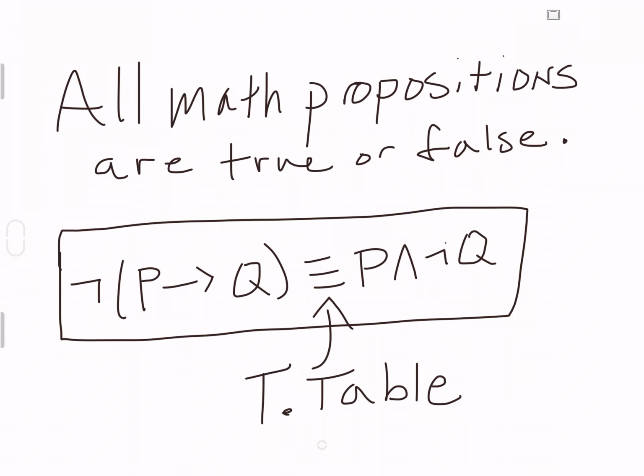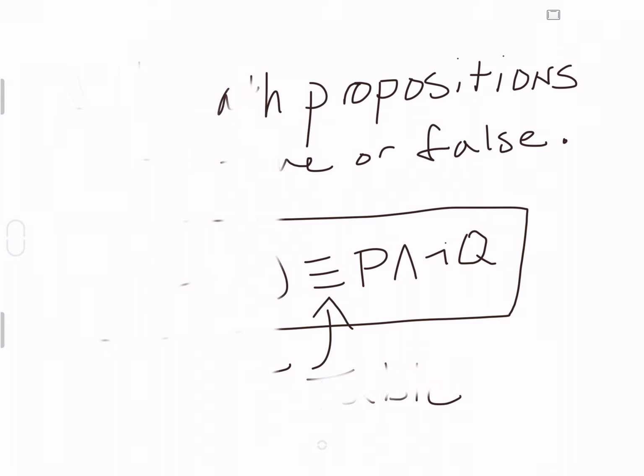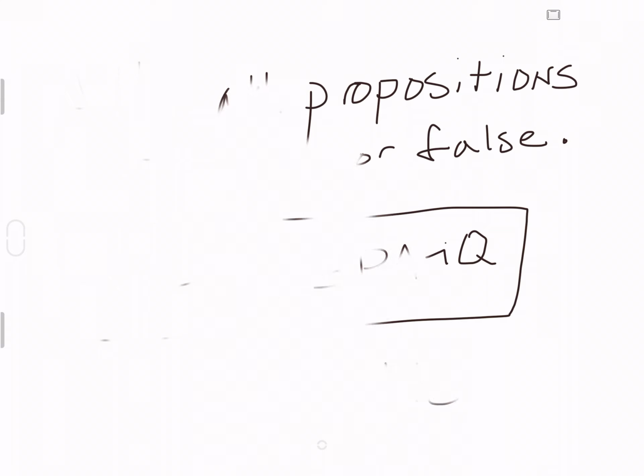All right, so while I'm erasing this, let's think about what's going on here. We want to prove a statement of the form P implies Q. So we want to prove if P is true, then Q is true.